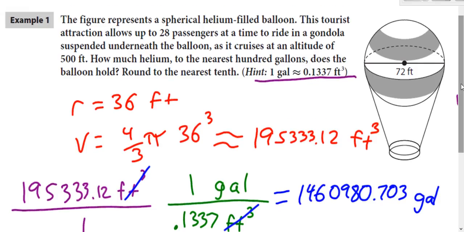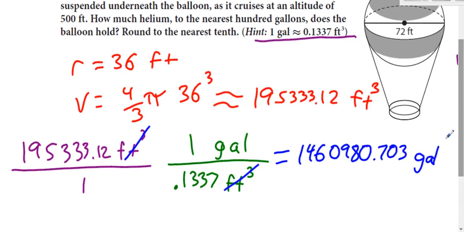Now let's read what it said here. How much helium to the nearest 100 gallons does the balloon hold? So to the nearest 100 gallons, we're rounding right here, nearest 100. That's 1, 4, 6.